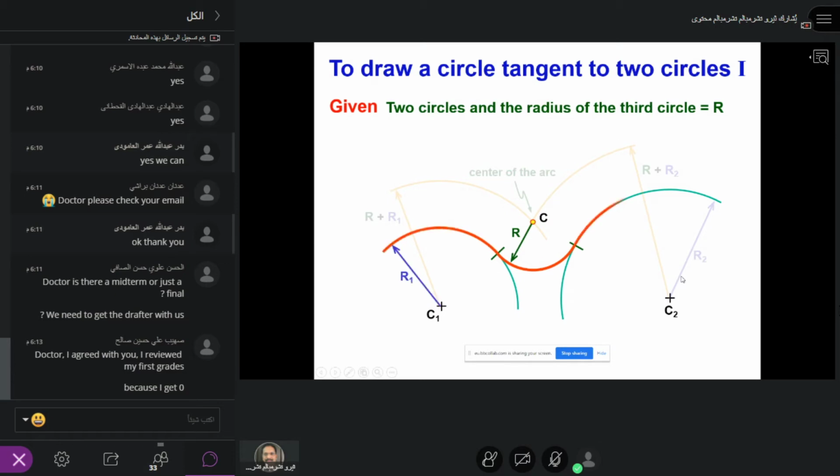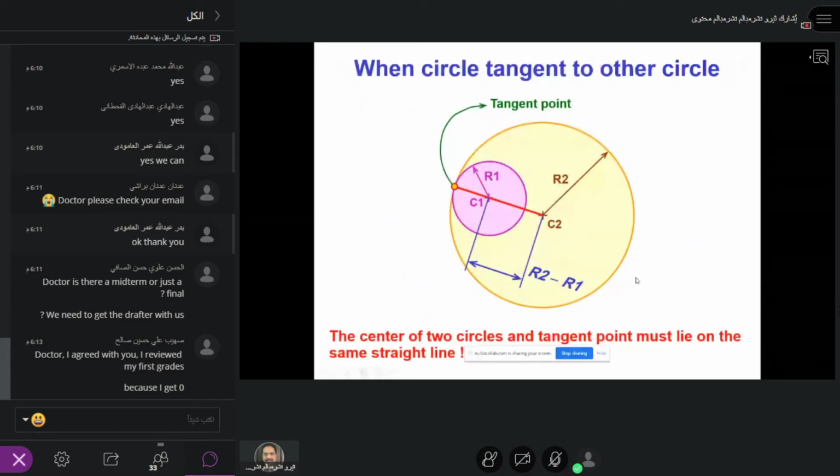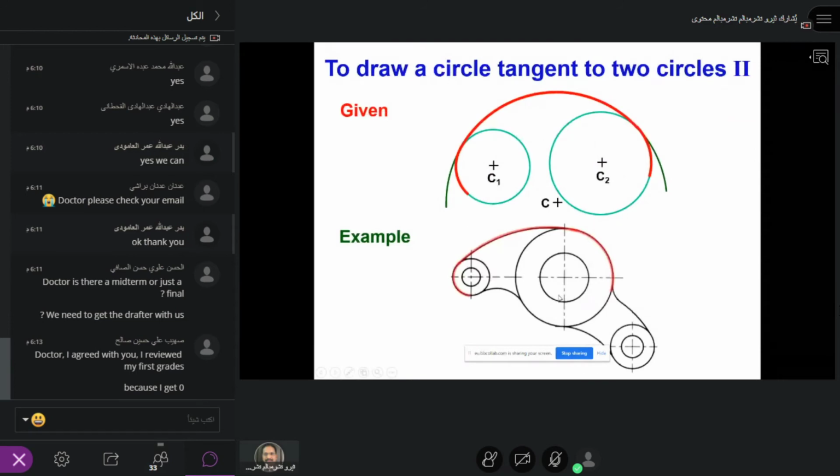Now the second exercise is you have to draw an inner circle. In the previous cases the circles are outside; now it's going to be inner. You know why? Because we are trying to draw this cam. So you know how many arcs are there.